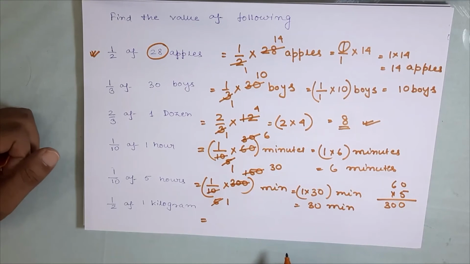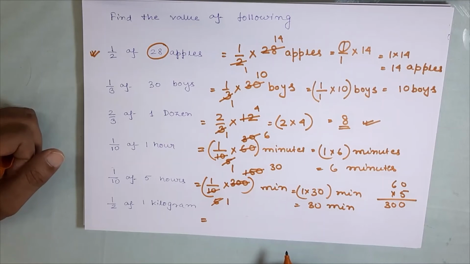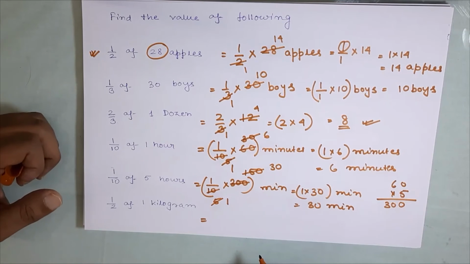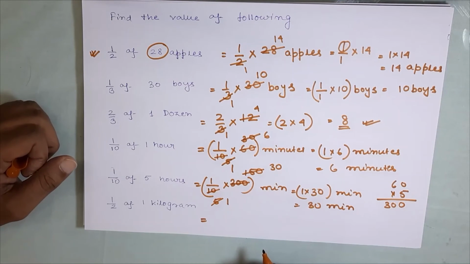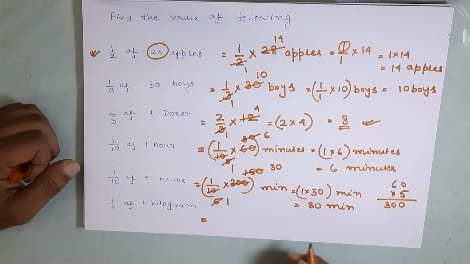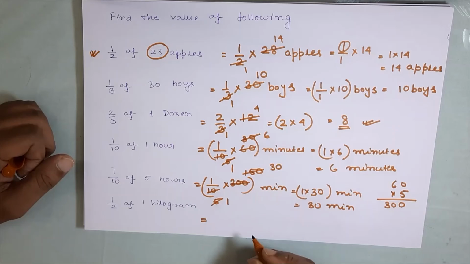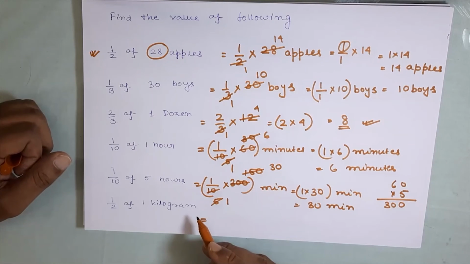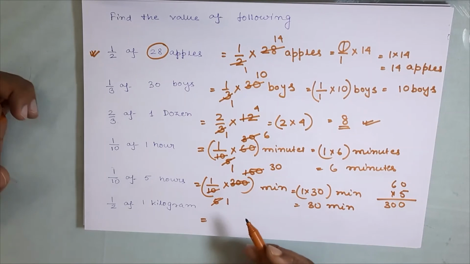If you are not aware of kilogram and gram, I will have a separate video on that, on how to represent kilogram in gram and what the different units of weight are, what is milligram, centigram, decigram. We will discuss it in detail in a different tutorial. For the time being, for the sake of solving this problem, let us take into consideration that 1 kilogram is equal to 1000 gram.